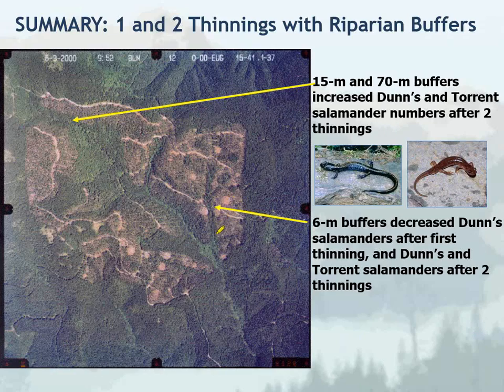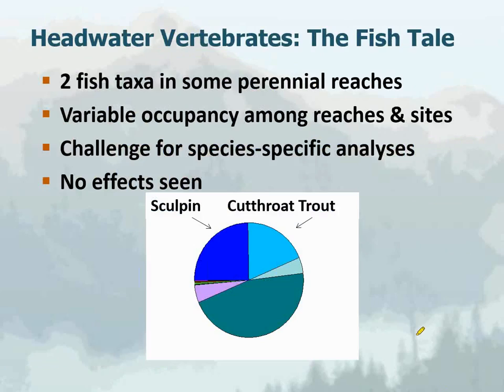But with the narrower buffers, the 6 meter buffer, which is 20 feet, we had decreased dunn's salamanders after the first thinning, and also decreased dunn's and torrent salamanders after the second. So with that narrower buffer, we saw a cost for a couple of the amphibians.